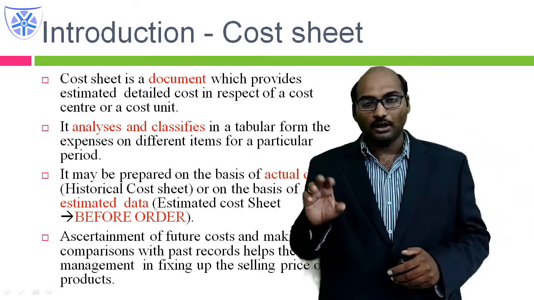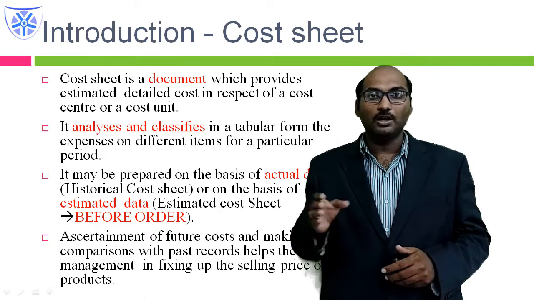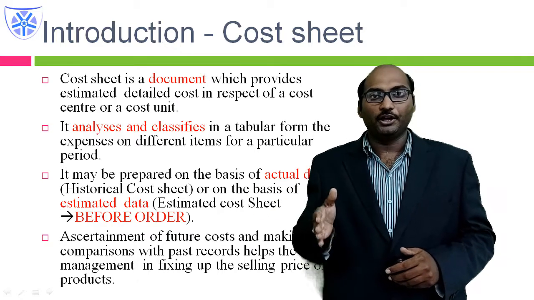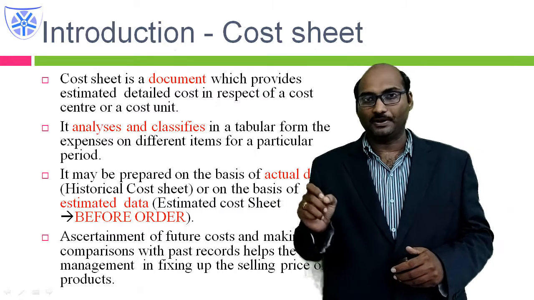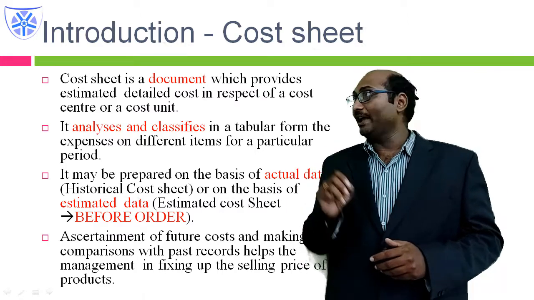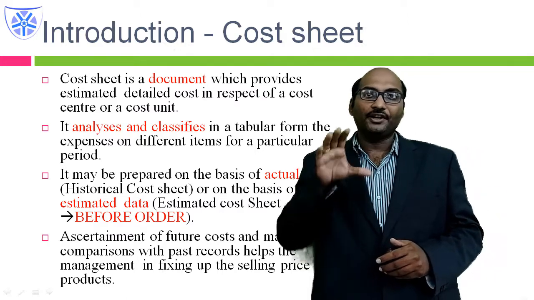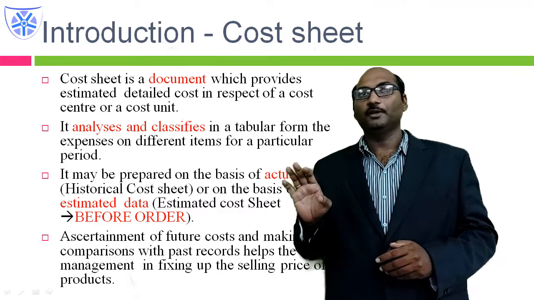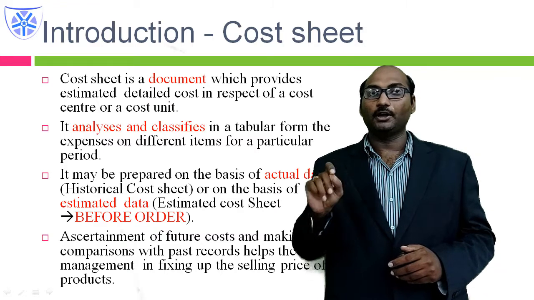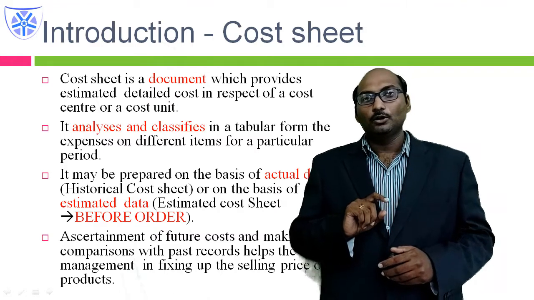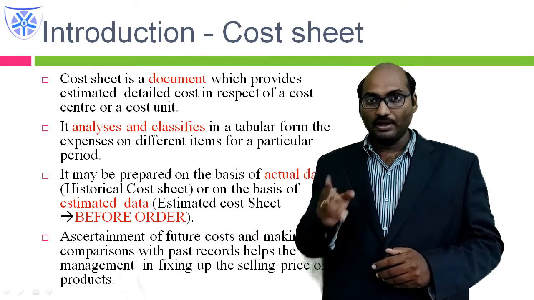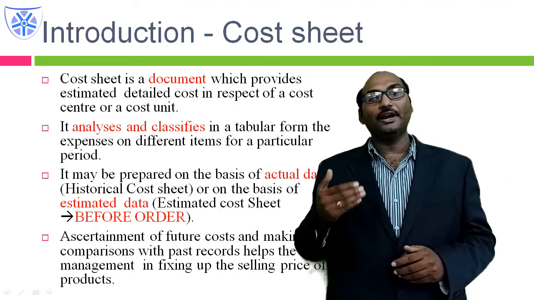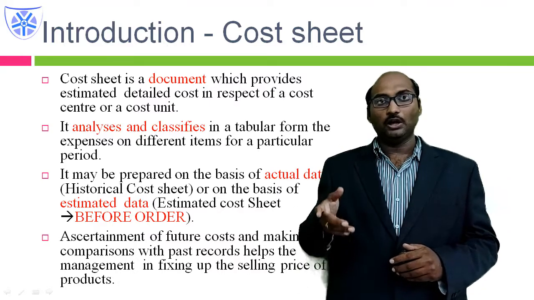Okay, and cost units. Cost units are nothing but per kg, per meter, per piece, per inspection, something like that. So it analyzes and classifies in a tabular form the expenses on different items for a particular period or a particular item.